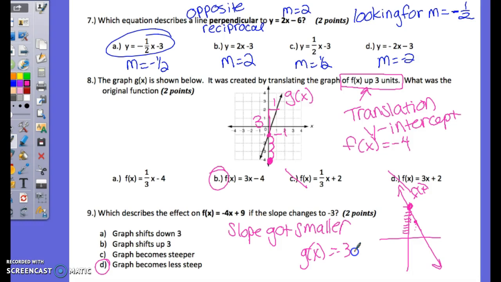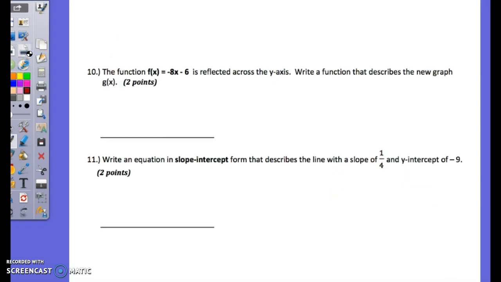So you could start g of x at 9 and go down 1, 2, 3 to the right 1, and repeat, and you can see it's less steep.